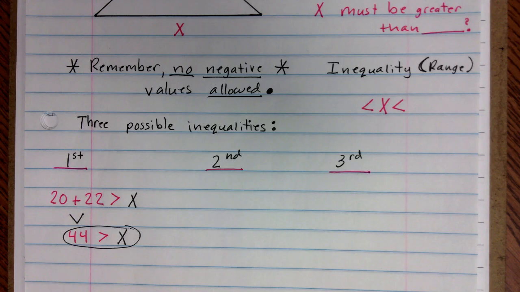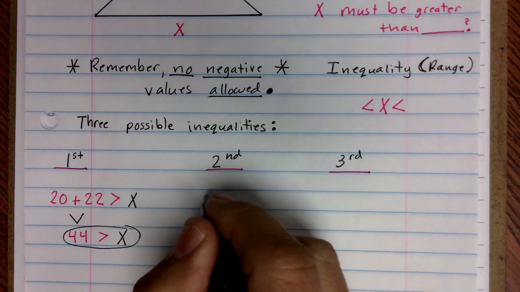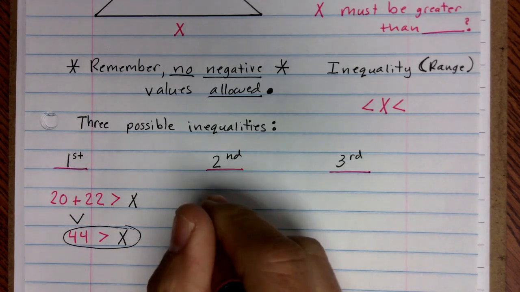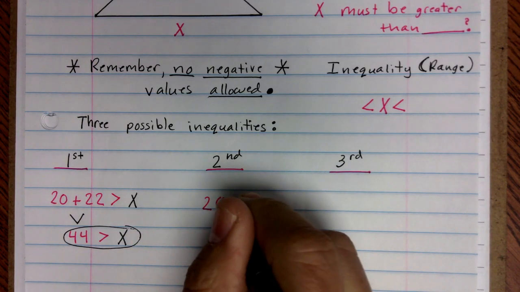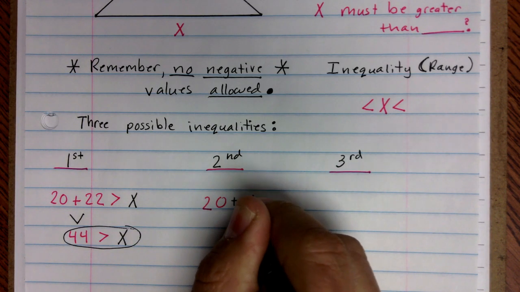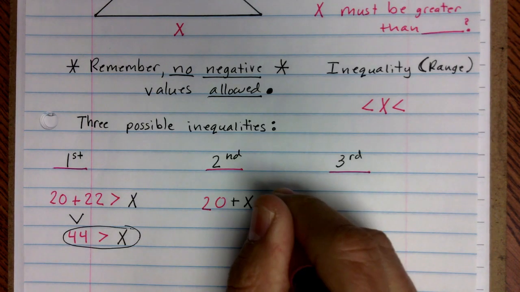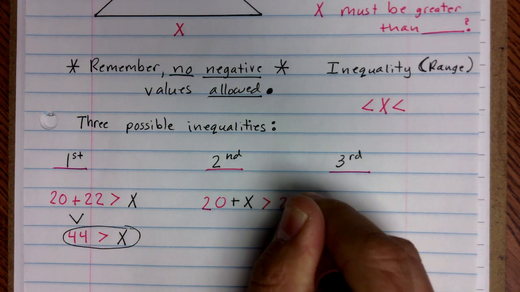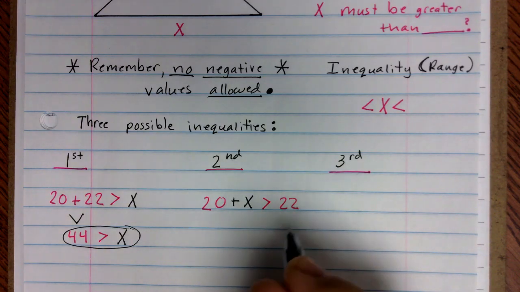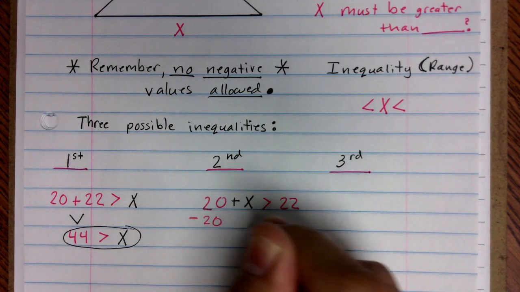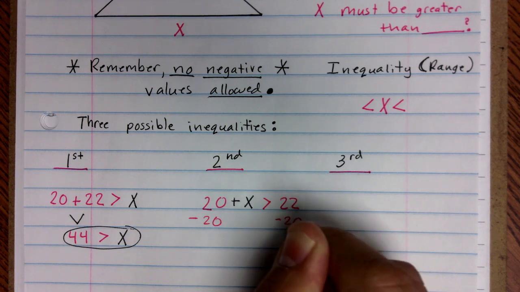So now let's create the next scenario. So then we could also say that 20 plus x is greater than 22. So in order to solve this, I'll subtract 20 from both sides of the inequality.